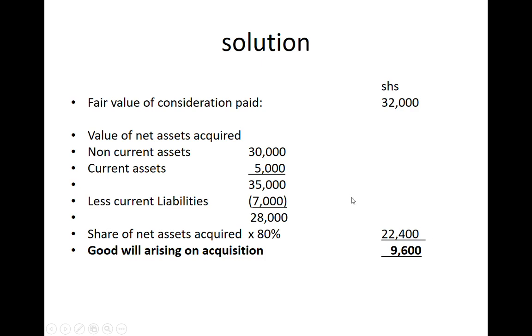So that's how here you set the fair value of consideration to be 32,000. If we ask someone, how much do you think you can acquire the company for, and he says 32,000, then you go and do the evaluation.